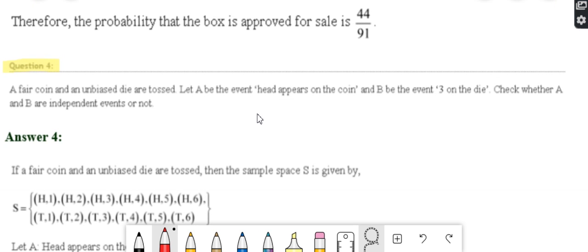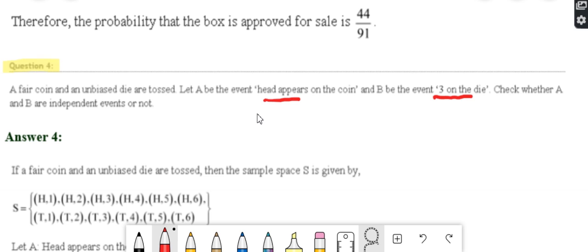Read this question twice. A fair coin and an unbiased die are tossed. Let A be the event that Head appears on the coin and B be the event that 3 appears on the die. Check whether A and B are independent events or not.